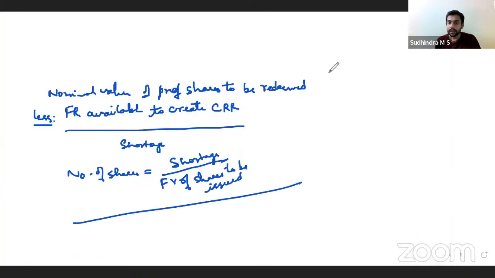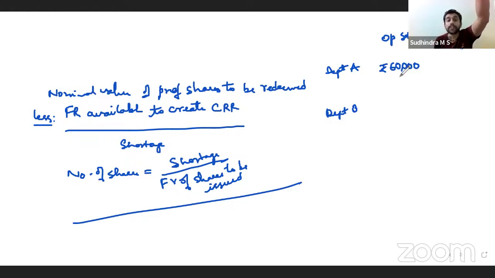So, department A, department B, opening stock, closing stock. Department A opening stock was 60,000. Correct? Yes, sir. Now this 60,000 belongs to department B. Department B would have transferred it at cost plus its profit.